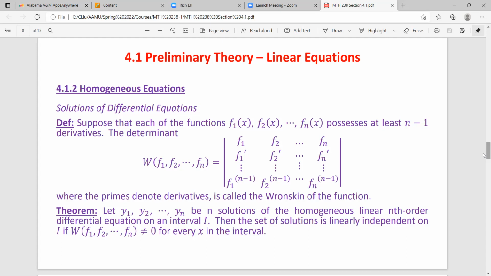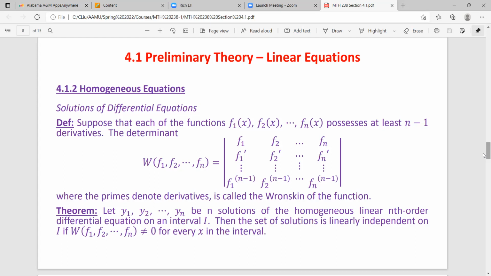The Wronskian of the n functions f1 to fn is the determinant of the matrix, where the entries of the matrix come from the functions themselves and the derivatives and the higher derivatives of those functions up to the n-1 derivative.